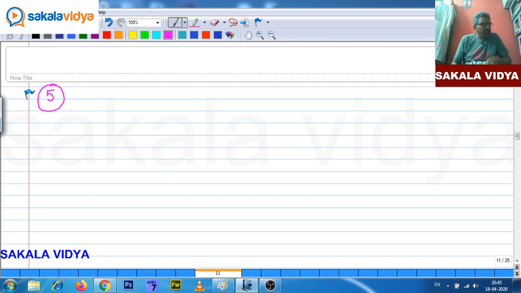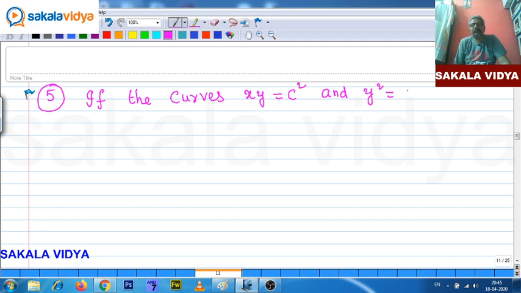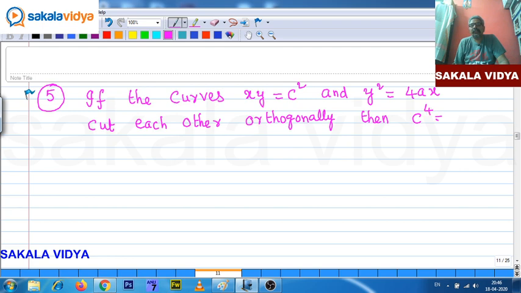Now, fifth point. If the curves xy is equal to c square and y square is equal to 4ax cut each other orthogonally, then c power 4 is equal to 32a power 4.